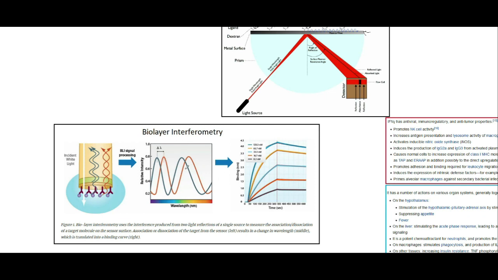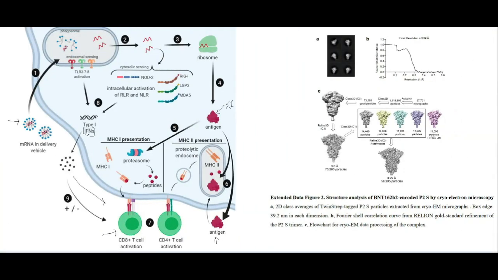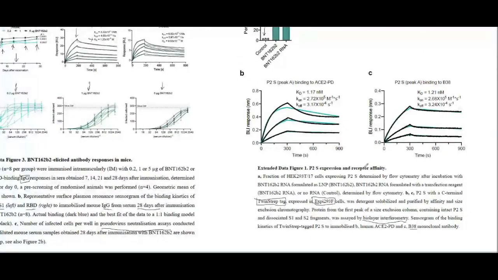Or actually I think this is the change in wavelength. But anyway, it's a similar technique to surface plasmon resonance in that you are using the change in the surface to measure the light coming off of it.